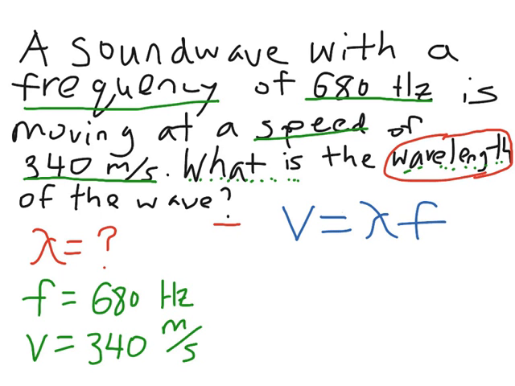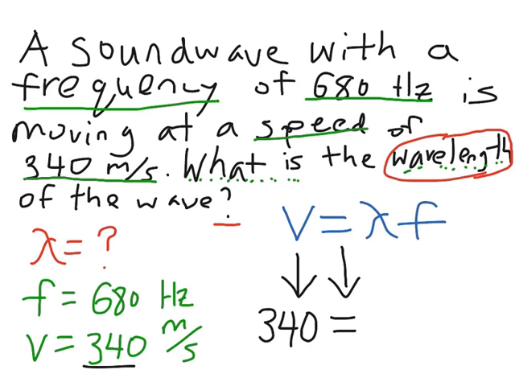To solve this problem, we start with the V. I'll draw an arrow to indicate where the numbers come from. I know what V is. V is 340. So under the V, I draw an arrow and write 340. The equal sign stays as the equal sign.